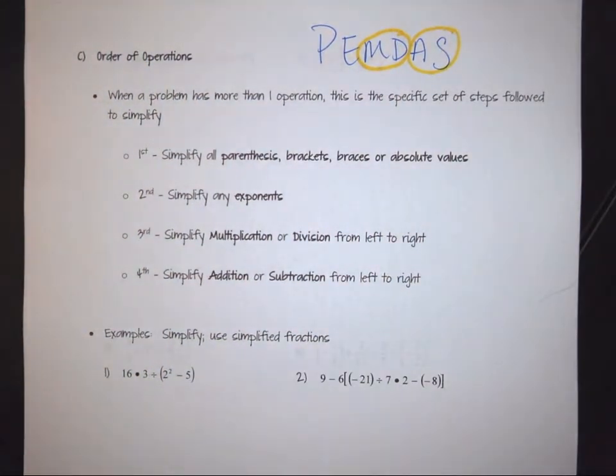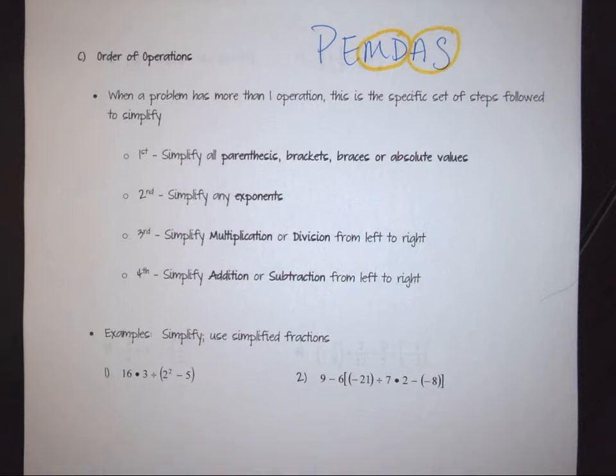So after you have done parentheses and exponents, you are then going to complete any multiplication or division in order starting from left to right. It doesn't matter if the division came first or the multiplication came first. What matters is that you start from the leftmost side and work your way to the right.